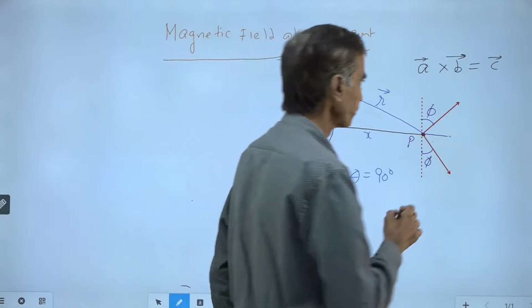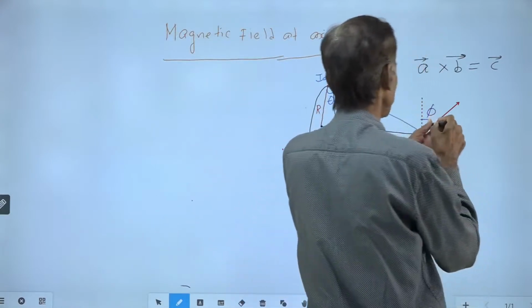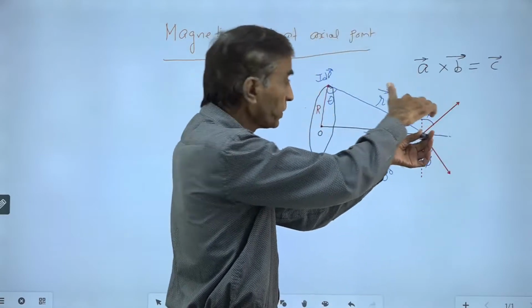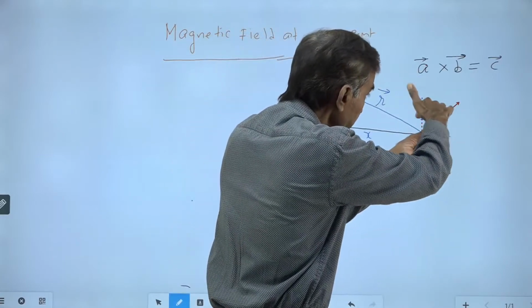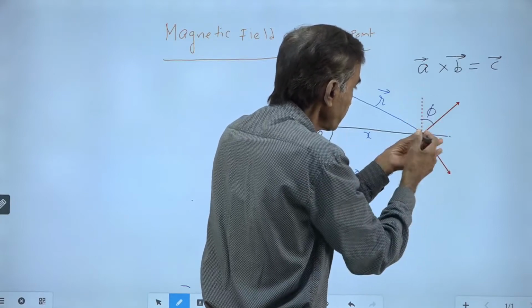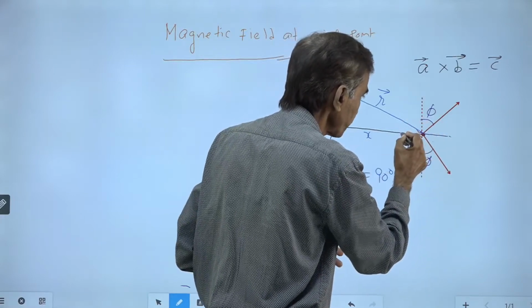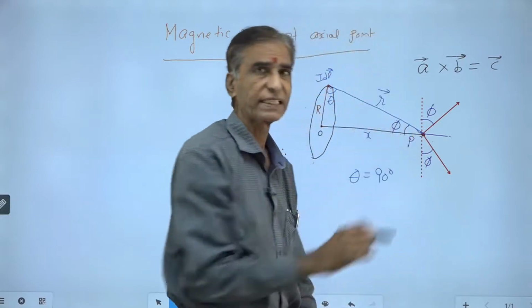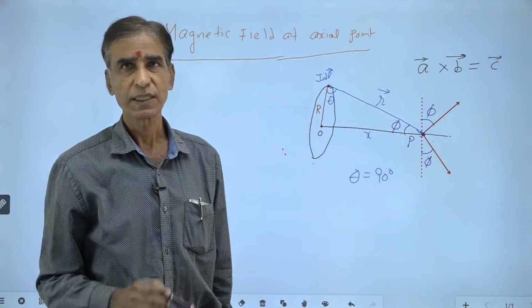Now, when this is phi, we know these two are mutually perpendicular to each other. This is phi, then this will be 90 minus phi. Again, this one and this one are perpendicular, therefore this will also be phi.